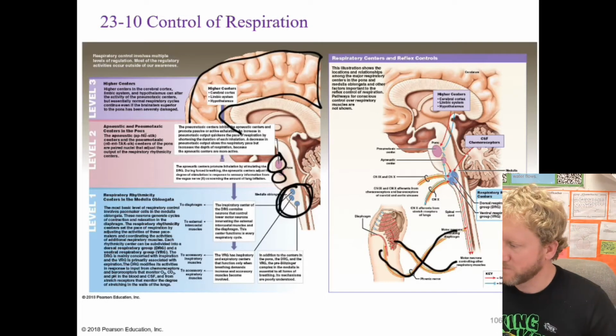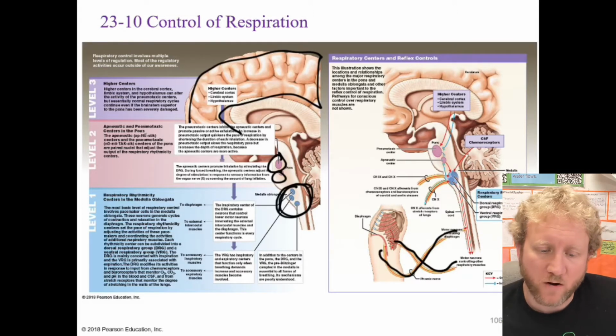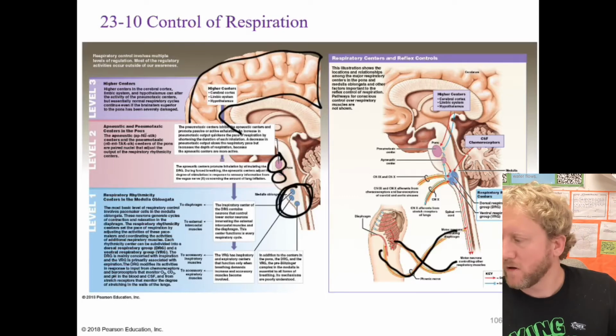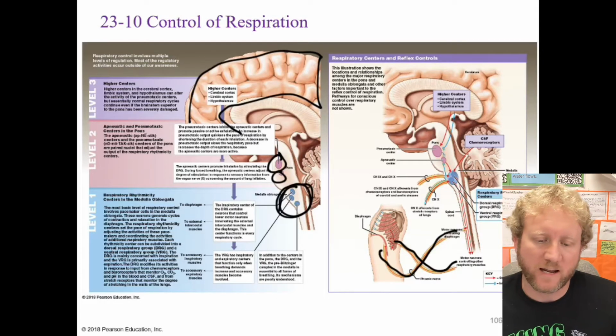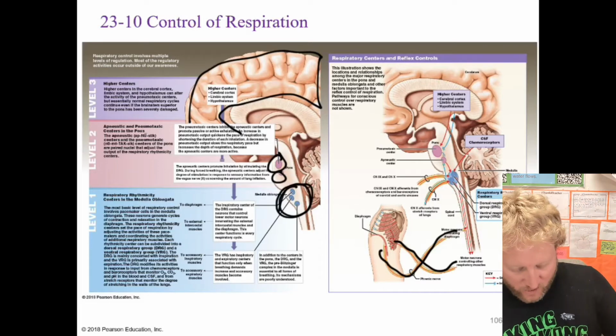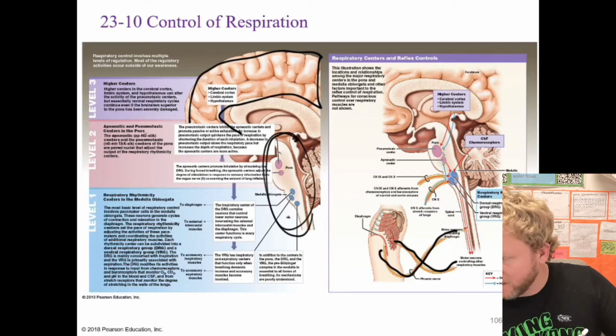The actual respiratory centers are pairs of nuclei in the medulla oblongata and the pons, which are part of the brainstem, right in here.